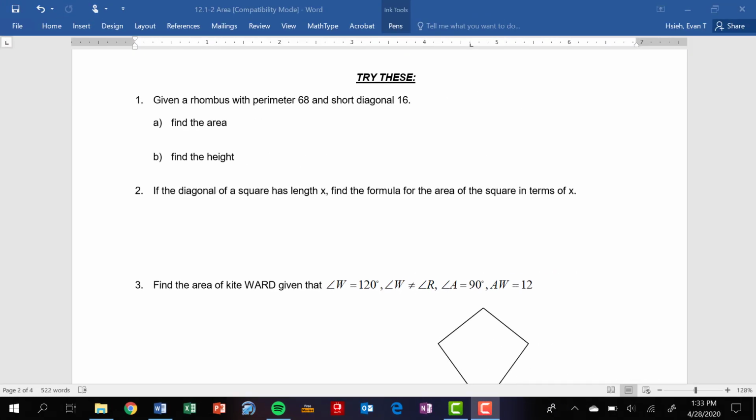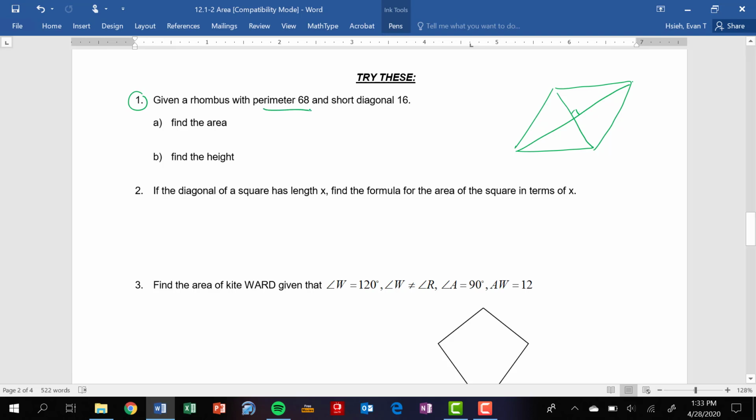Okay, moving on to the third page here. Let's do this one problem here. This comes up pretty frequently, where you have a rhombus. Now, interestingly enough, the thing about a rhombus is it's a parallelogram, but it's also a kite. So I can use either of the formulas, and I also know that the diagonals are perpendicular to each other from our quadrilateral chapter.